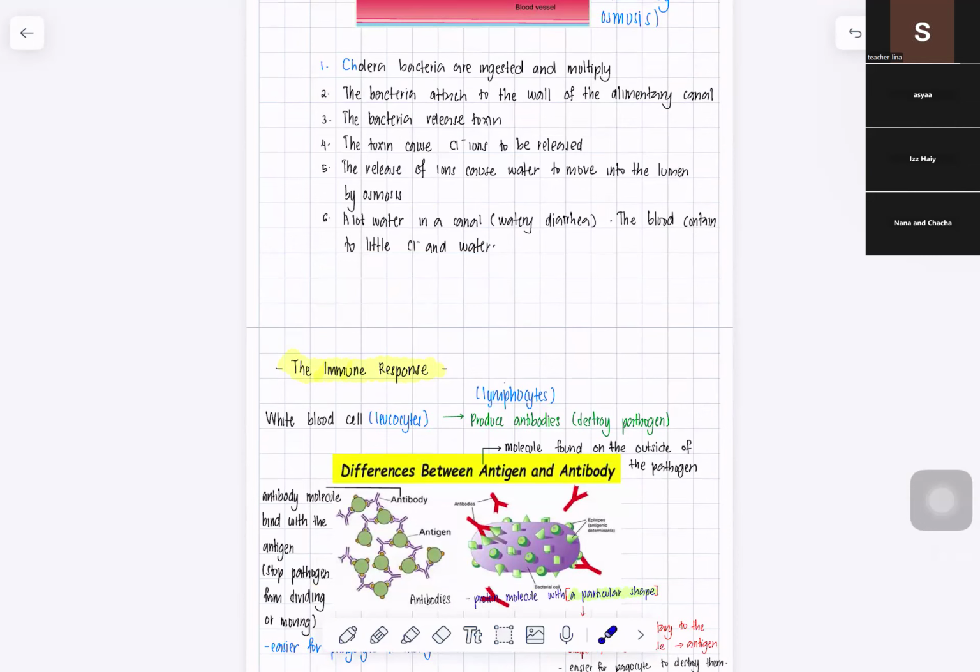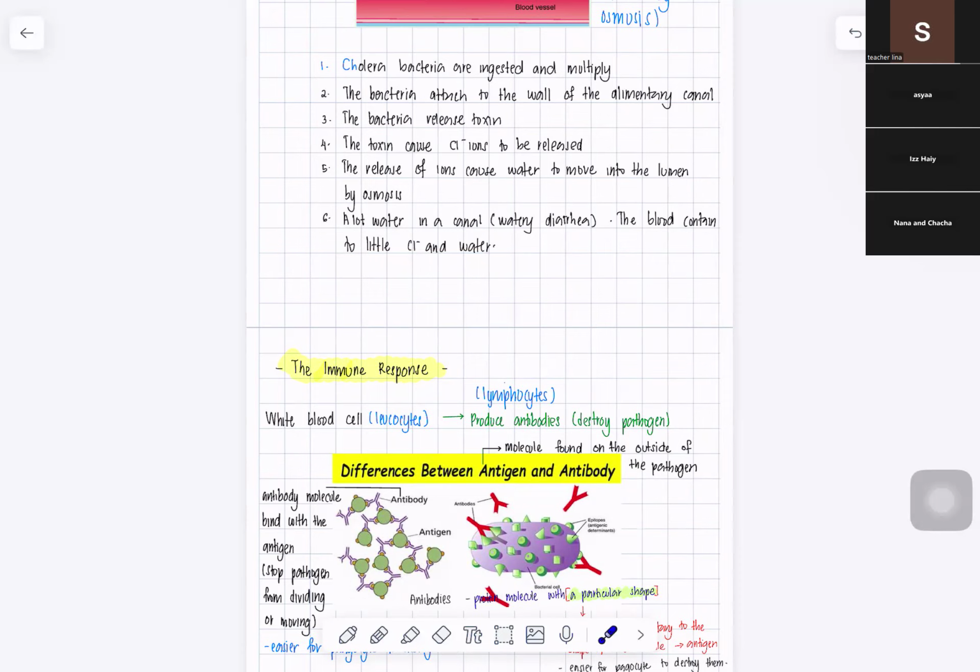The cholera bacteria gets ingested and multiplies, and then it gets attached to the wall of the canal, and the bacteria releases toxin. It causes the water to move into the lumen by osmosis.